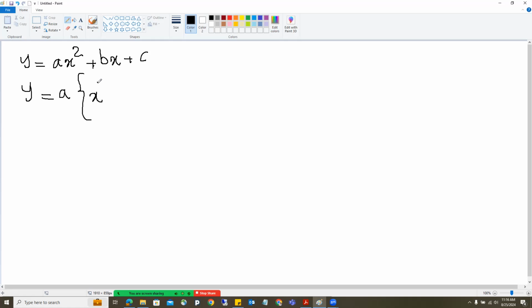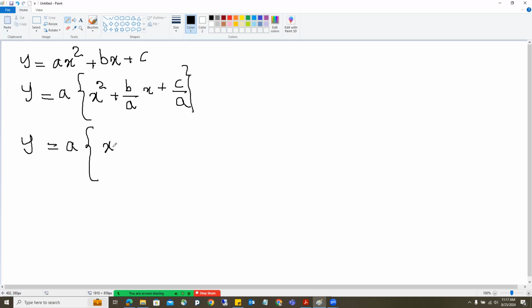So this will be x squared plus b over a x plus c over a. Now we are converting this into a complete square.